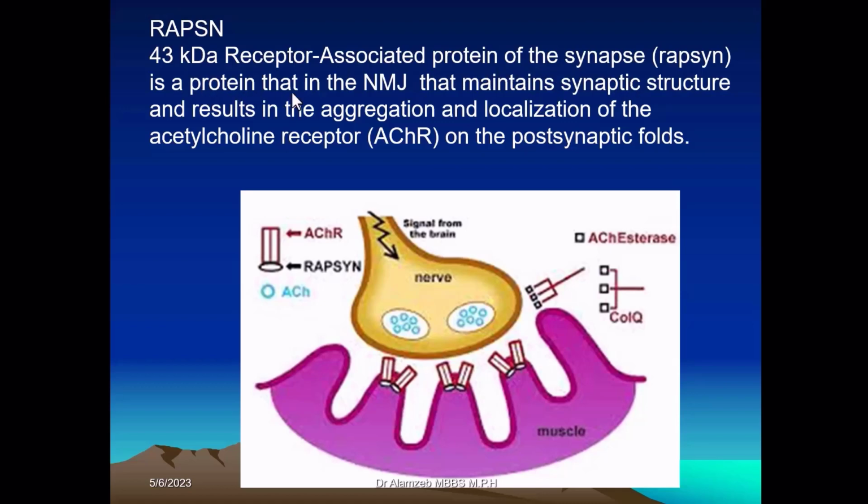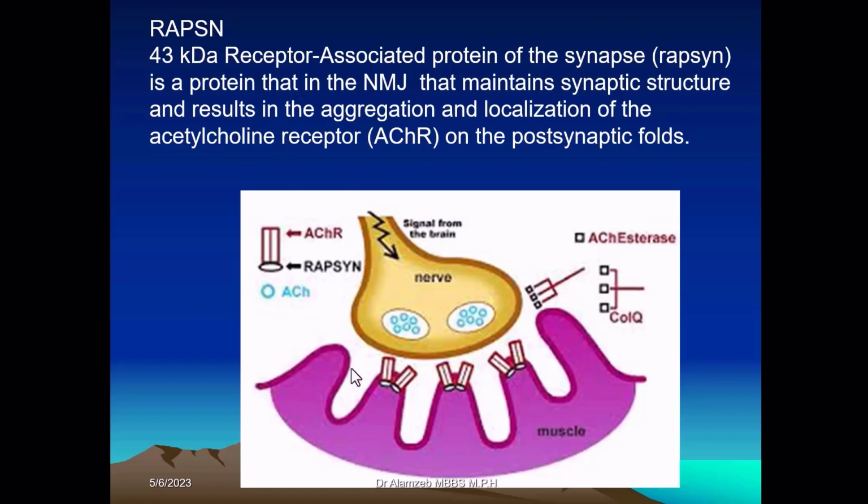It is a protein in the neuromuscular junction that maintains synaptic structure and results in the aggregation and localization of the acetylcholine receptor on the postsynaptic part.